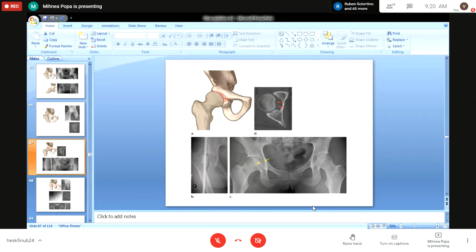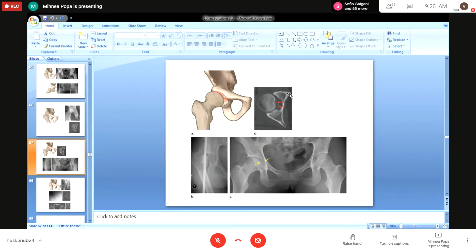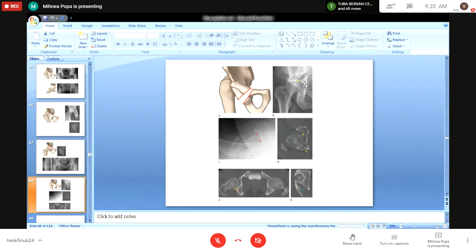Again, a fracture that in most cases can be treated through orthopedic means just by the traction. But of course, if we have a more comminuted fracture in this region, as you can see here, again, this is the same mechanism, but with a higher degree of energy. The force that produces this type of luxation or fracture is much higher.